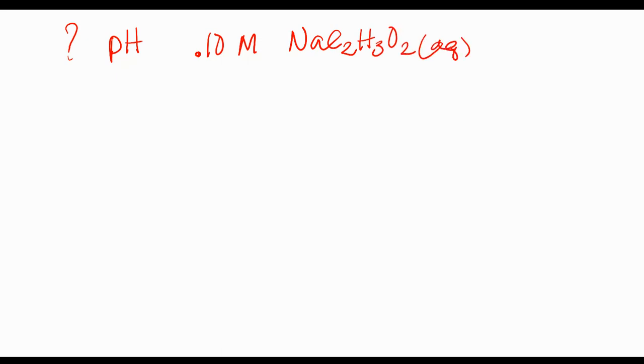We want to know the pH of a 0.10 molar sodium acetate. Okay, so what is the pH? We would split this apart. Sodium ion does not react with water.